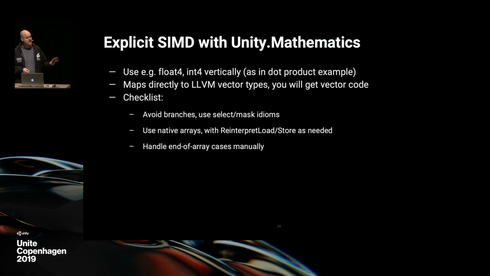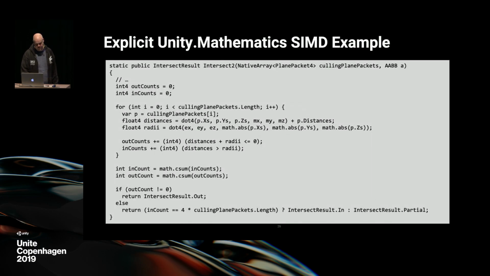So if you have a gameplay-facing system that exposes, say, a native array of float or a native array of int, you can now load and store much wider blocks from that array inside of your core compute loops. So you can say, reinterpret load this as an int4. And finally, because you're doing more than one thing at a time, you have to handle those cases where you run off the end of the loop because it's only 3. And that's handy then to call out to your reference code that you still have lying around.